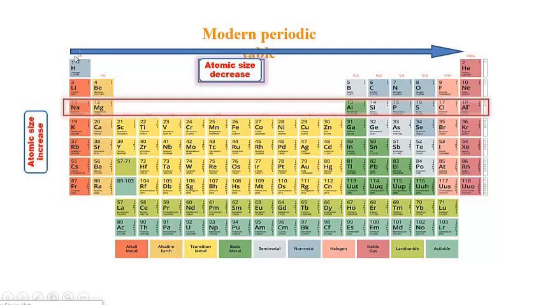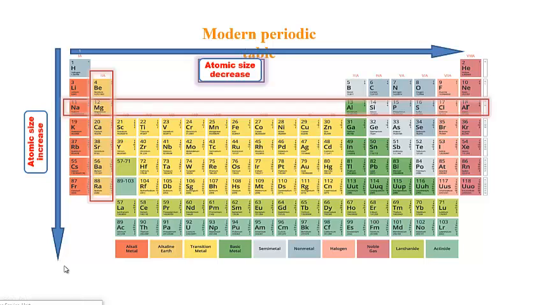When the atomic number increases from left to right, the atomic size will decrease in the period. What about in a group? In a group, when the atomic number increases from up to down, the atomic size will increase. This is the graduation of atomic size in the periodic table.